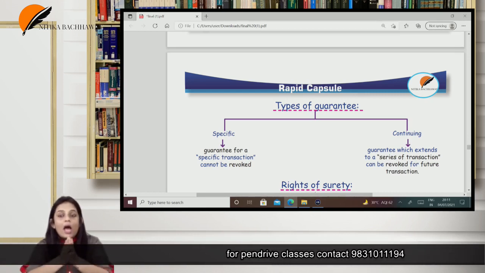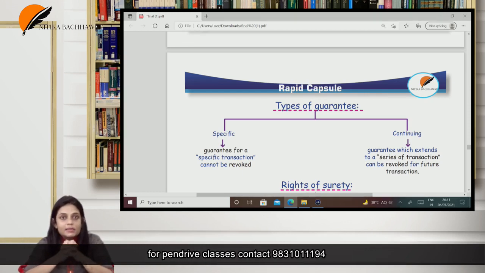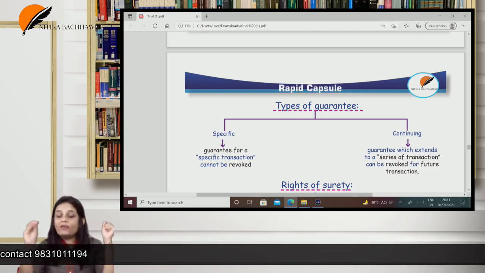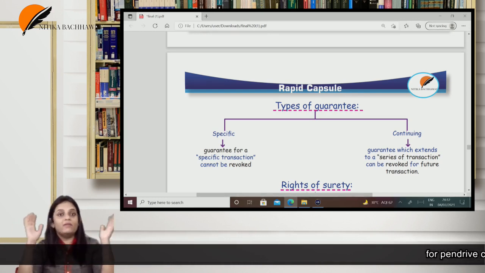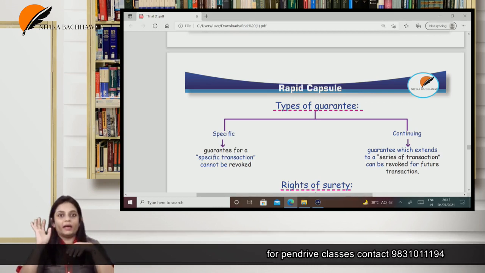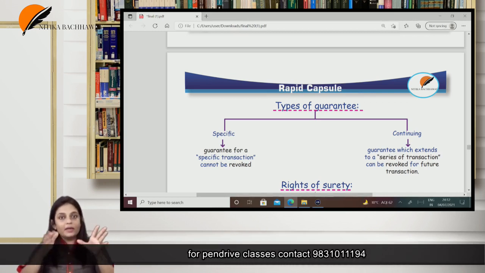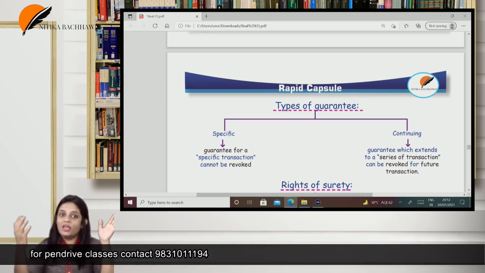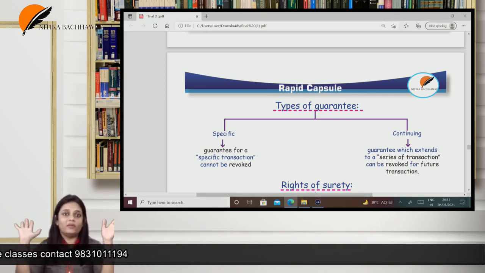Now let us say A says to B, whatever goods you sell on credit to C, if he fails to pay, I will pay up to 5 lakh. Even this is a continuing guarantee.